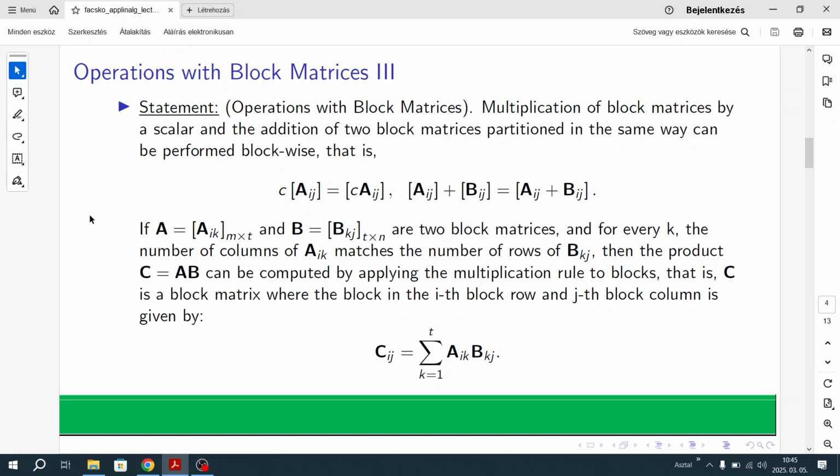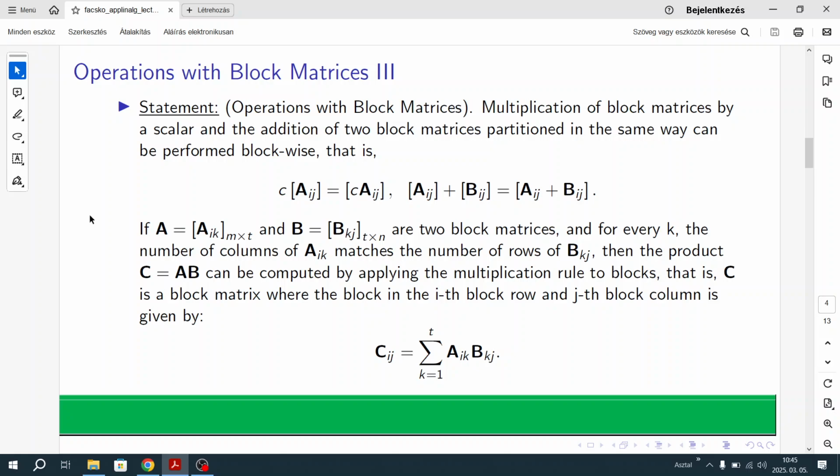You do the operations in the same way as in a normal matrix. You also can add this. This comes from the linearity, the additivity and the homogeneity of the matrix.